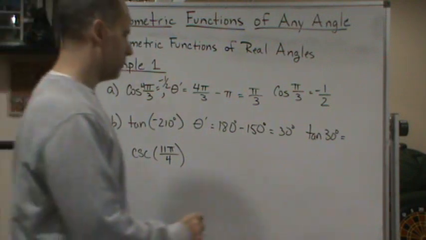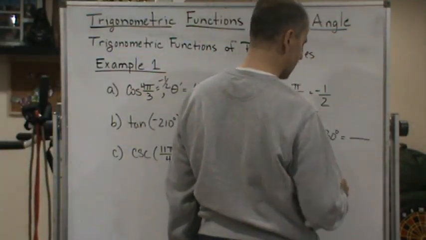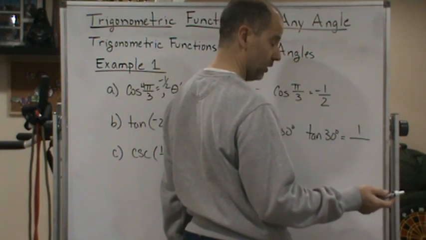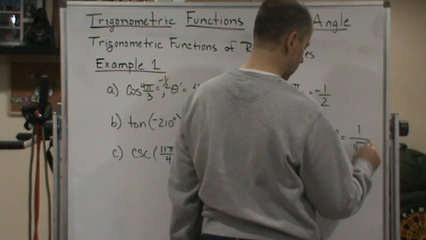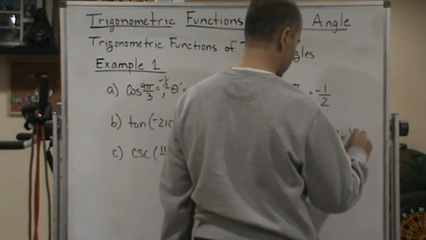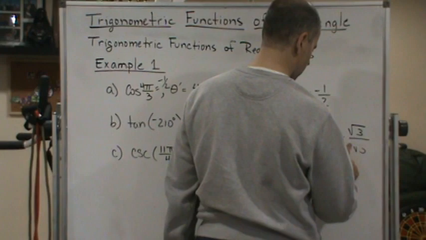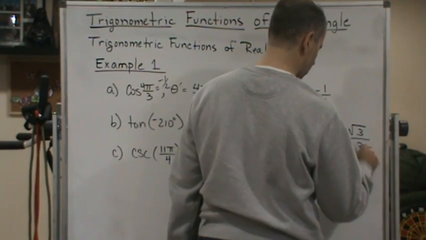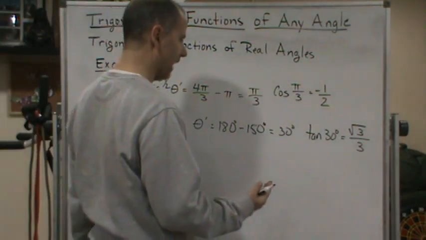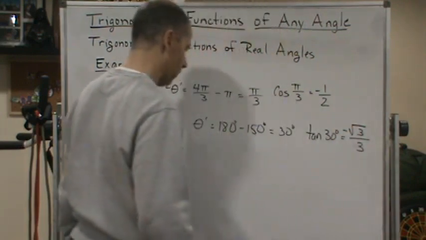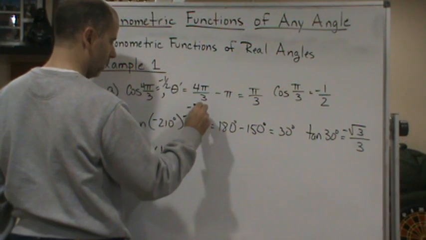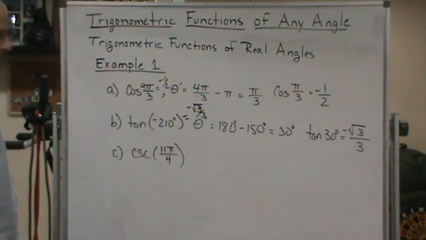So it's opposite over adjacent, so it's going to be the smallest side, which is 1, over the second largest side, which is square root of 3, or in other words, square root of 3 over 3. But since tangent is negative, this is going to be negative. By the way, that's going to be the same value as this one, as we just showed. So this is also going to be negative square root of 3 over 3, which is our answer.